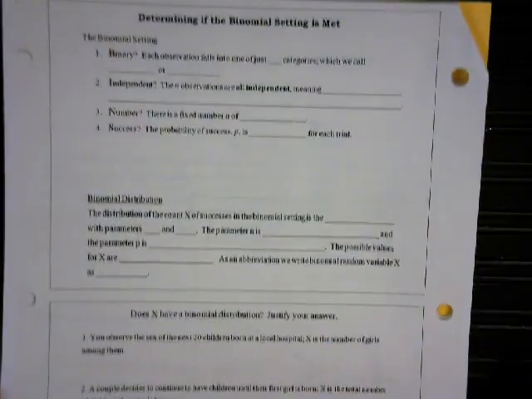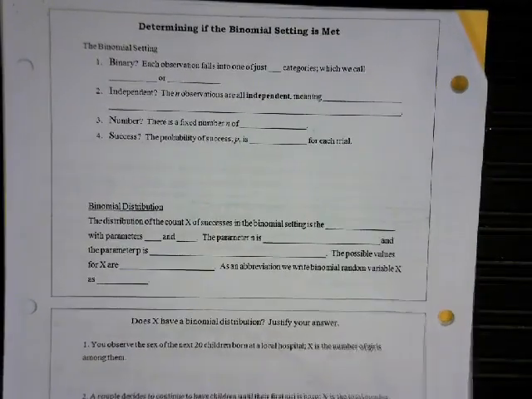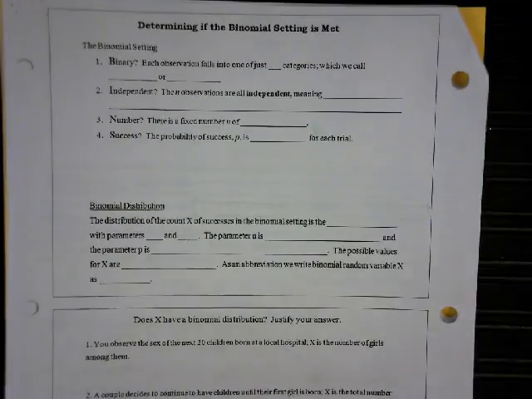All right, so the first thing we're going to talk about is the binomial setting. And there are four things we have to check for to determine if we're working with a binomial variable.